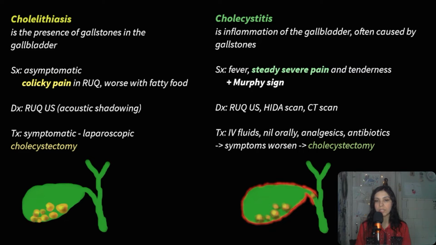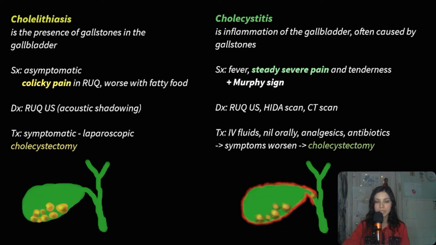So diagnosis, again, is a right upper quadrant ultrasound, and also there is a special diagnostic method for cholecystitis. It's a HIDA scan, or also use a CT scan, because this cholecystitis could be caused by cancer too.